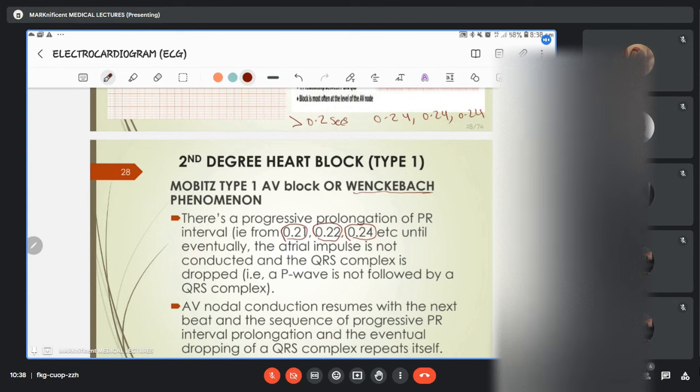Once the time has elapsed, because of that long prolongation, the QRS has not contracted, but the atrium needs to contract again, so the atrium goes back and contracts again without waiting for the ventricles. That's why there is a drop in QRS. So on the ECG, you will see an absent QRS at a point. So that's type 1.